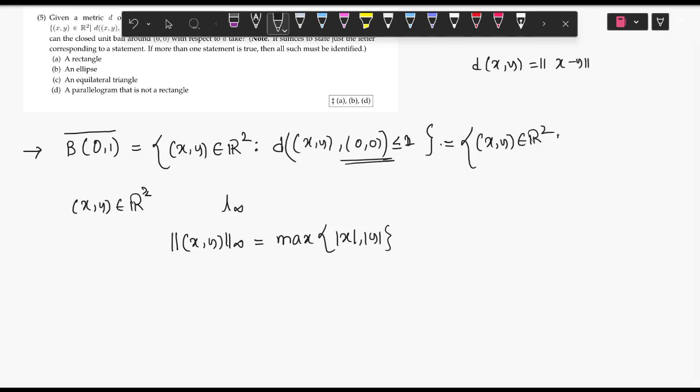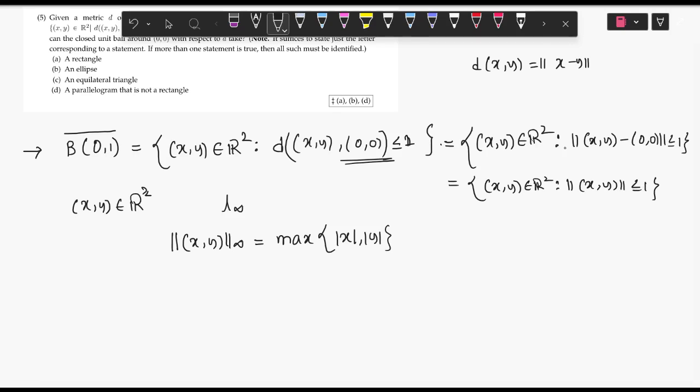So instead we can write the norm of (x, y) minus (0, 0) is less than or equal to 1. On R2, subtracting (0, 0) from (x, y) gives (x, y), so the norm of (x, y) is less than or equal to 1. This is what the given set is.